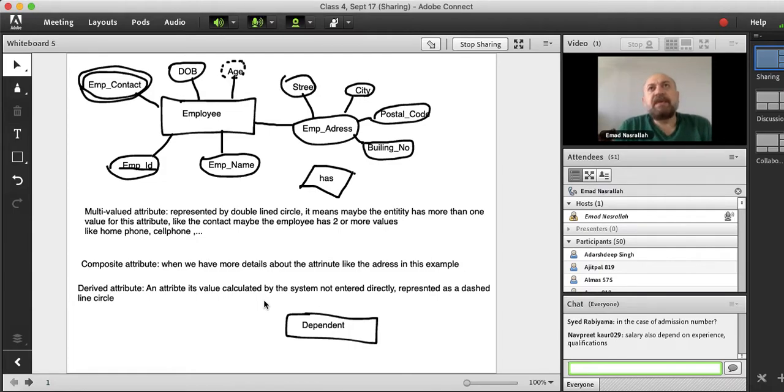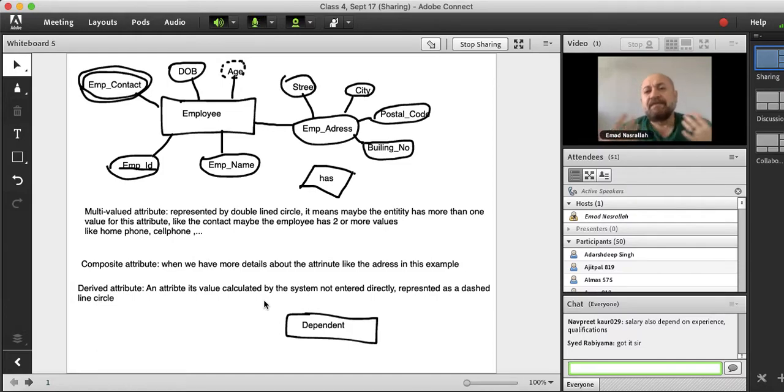Yeah, the salary could depend on the rank, for example. In the case of big companies or governmental organizations, they have ranks. For each employee, they give a rank. Upon the rank, the salary is specified. So it will be something like this.